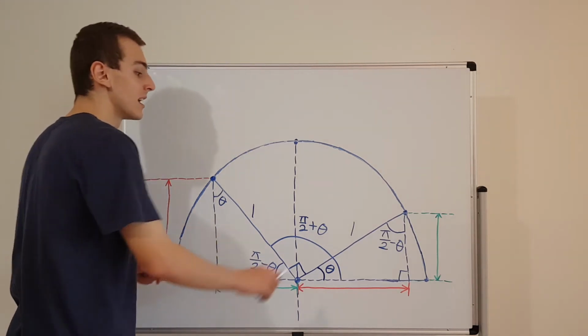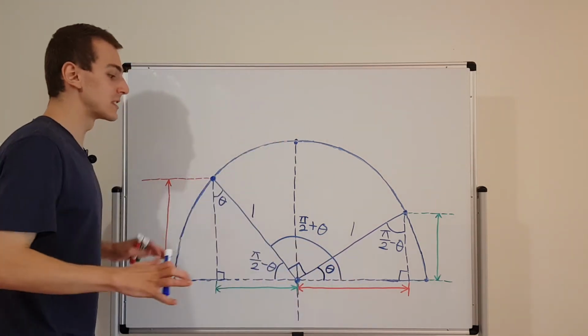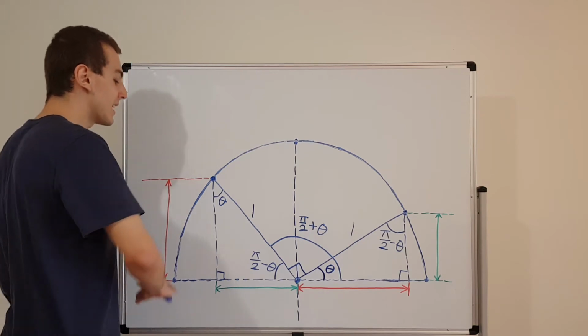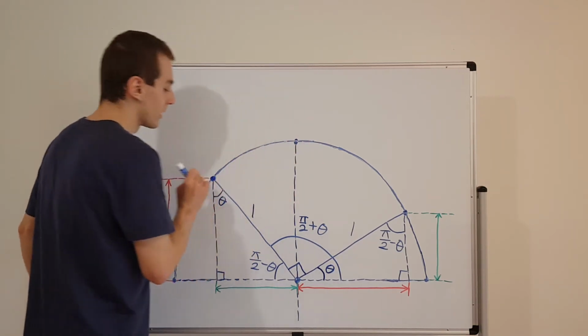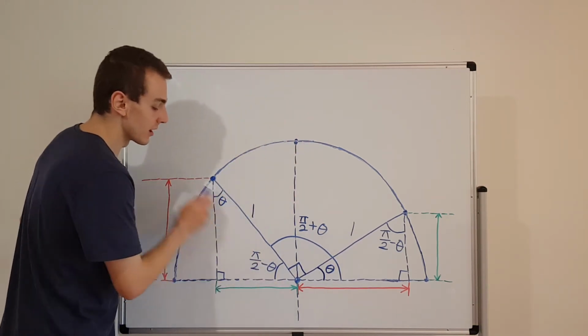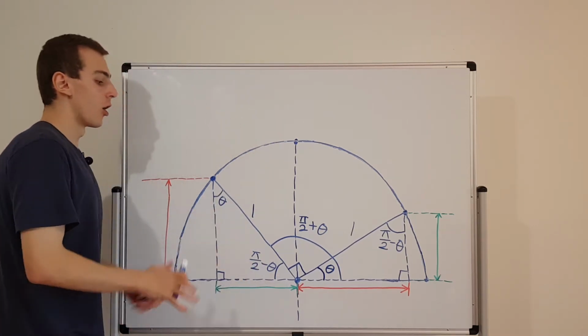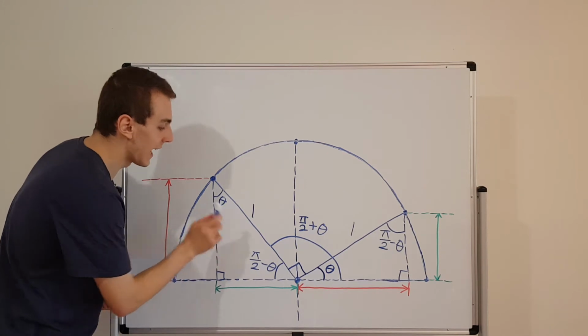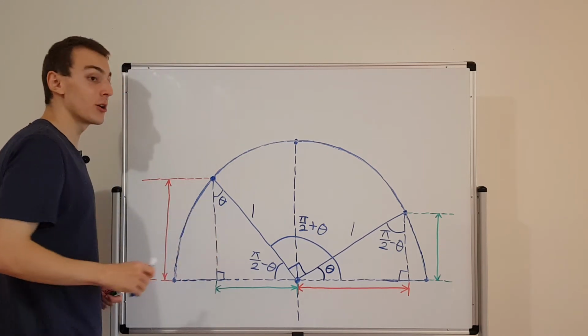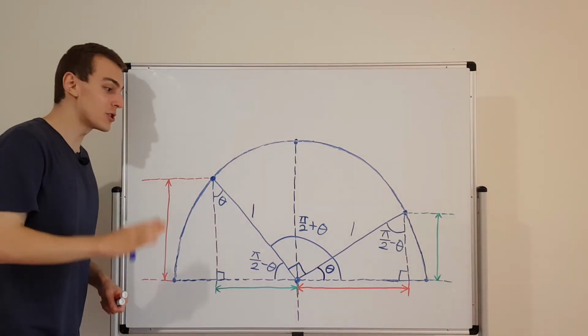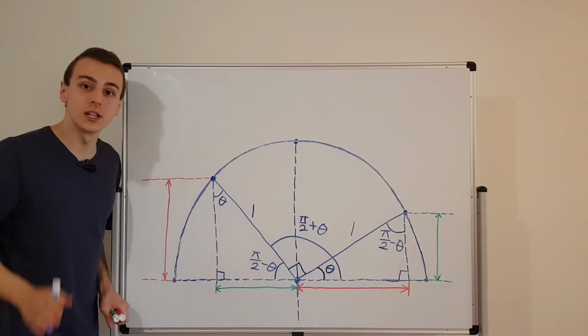So both of these are satisfying all the rules that they need to be satisfying. They've satisfied the property that this point lies on the unit circle, so it's unit length, and they've also satisfied the property that all the angles in a triangle on a flat plane have to add up to 180 degrees. Now notice how I'm saying on a flat plane. This may not be true in general, but it works for Euclidean geometry.